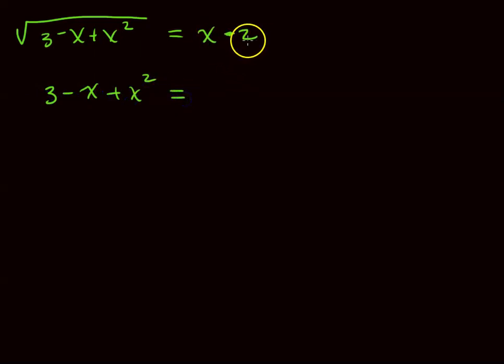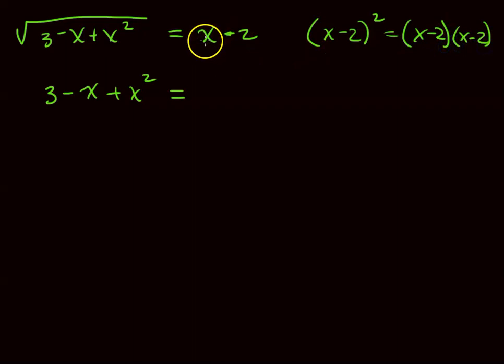Squaring the right side, though, this is a binomial. This is x minus 2 squared, which is x minus 2 times x minus 2. You don't just square the x and square the 2. You've got a middle term in there. This is x squared minus 4x plus 4.